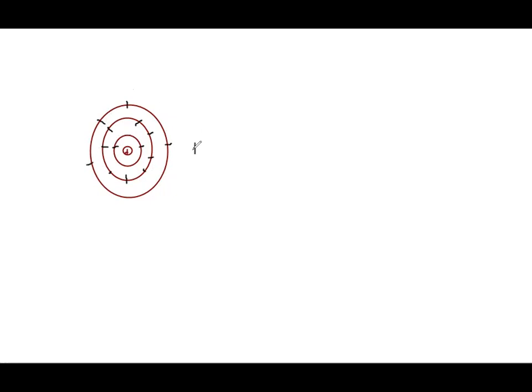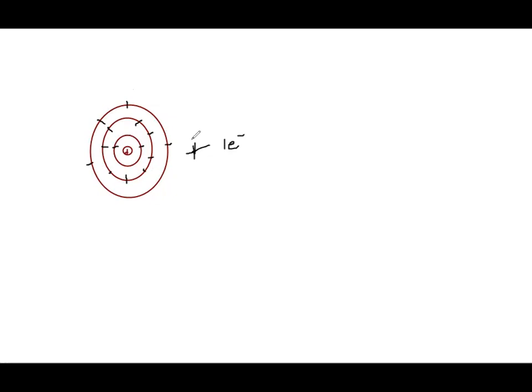Let us try to understand why. Let me say I have an atom. This is the atom and this is the nucleus. Suppose it has so many electrons, and I want to make this atom gain electrons.